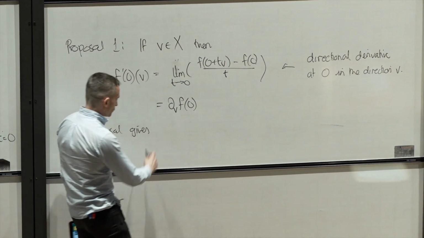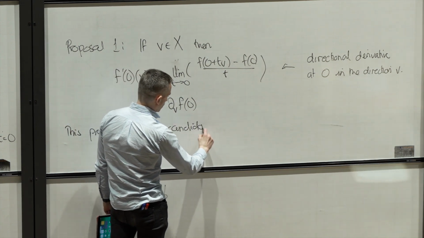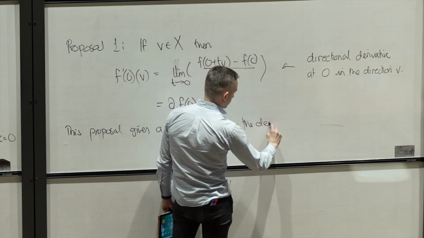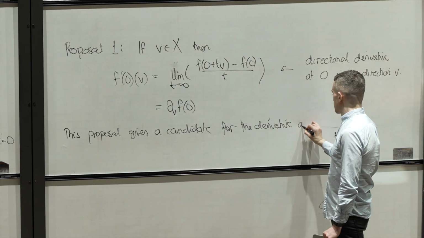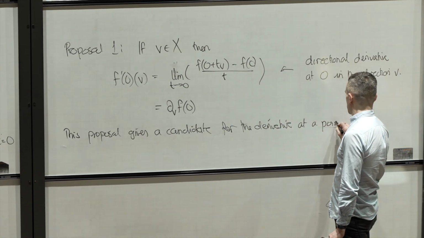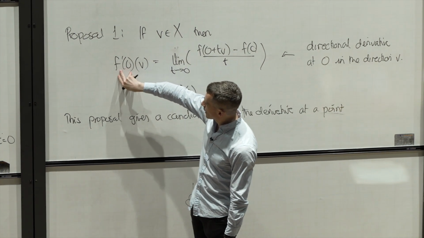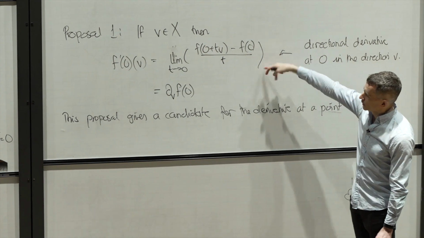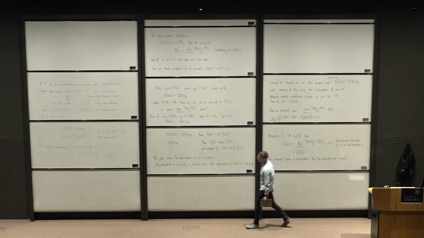So this proposal gives a candidate for the derivative at a point. That being, the derivative at 0 is the function which takes a vector v to this limit, which is a vector over in y, where that exists. I mean, assuming that exists.